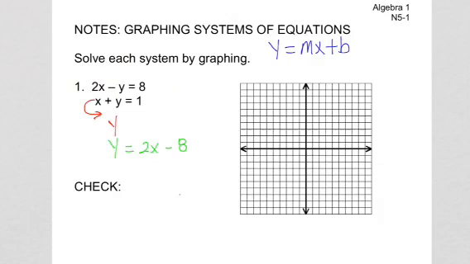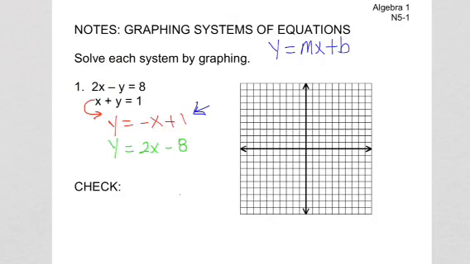So it's y equals negative x, remember that's negative 1x, plus 1. So now we have both of our equations. Let's start by graphing our first equation. Well, actually, we can graph either one of them. So we're going to use our first one.